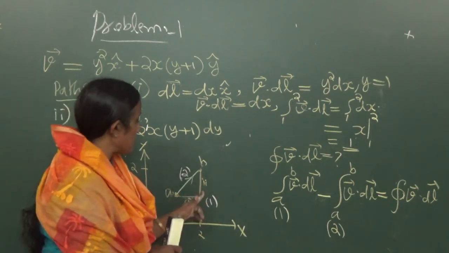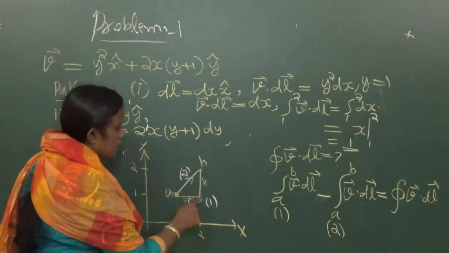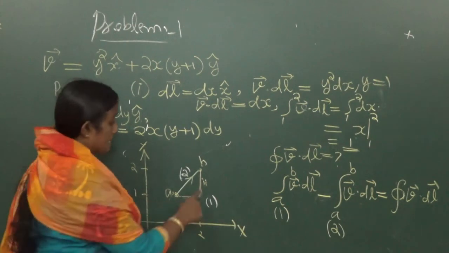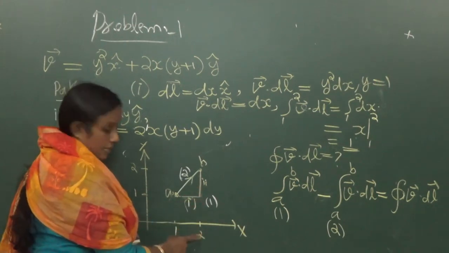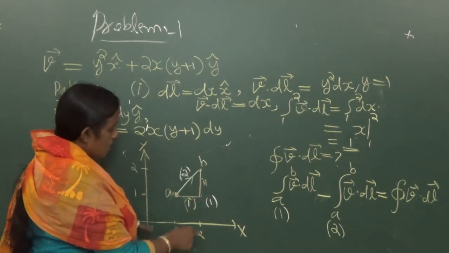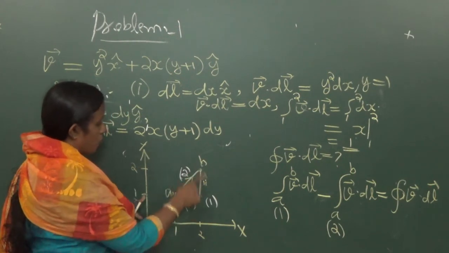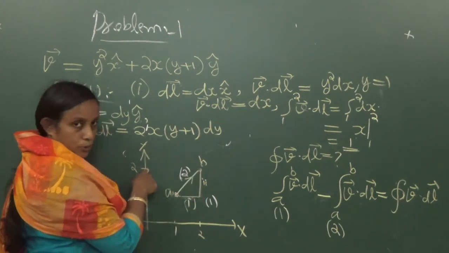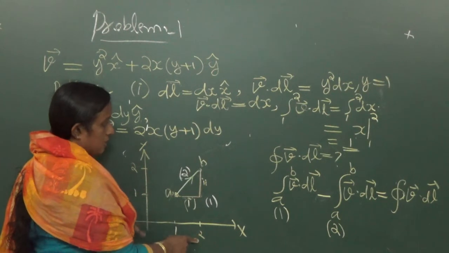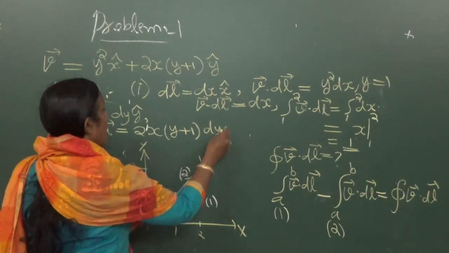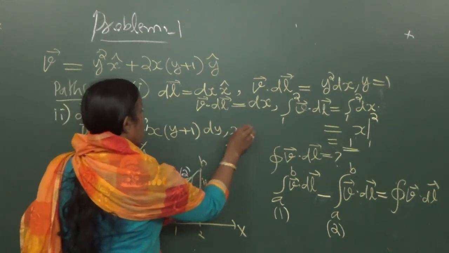Now along this direction, y varies from 1 to 2, but x is constant. What is x? x is this 2. So along this line, x equal to 2.